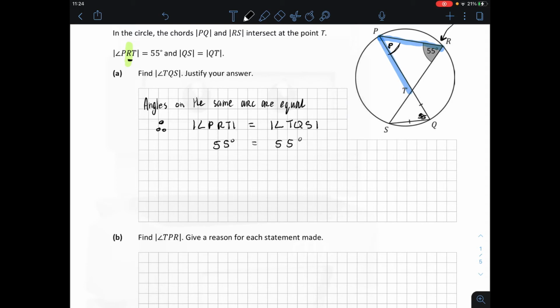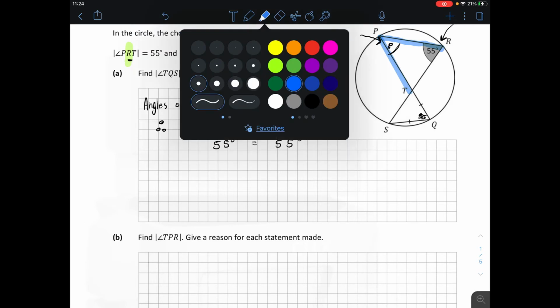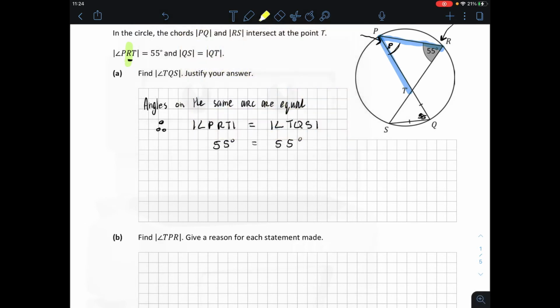So I'm just going to call it angle P. Okay, so I'm looking for angle P. All right, so how can I find angle P? Well, let's look at the theorem we used in part A. In part A, we stated that angles on the same arc are equal.